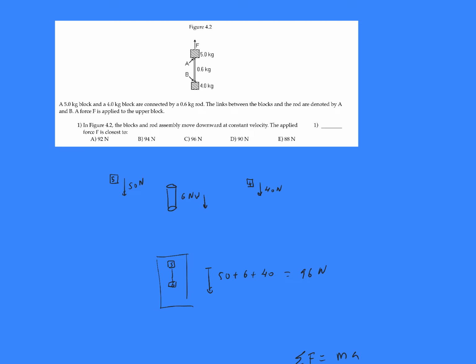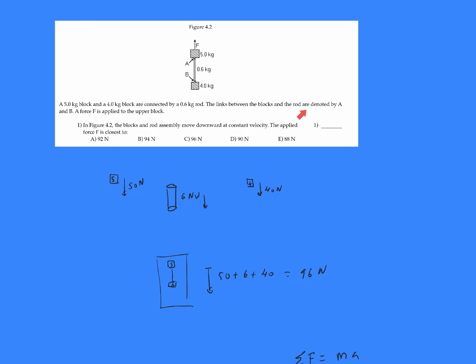You have an object that is made of 3 objects. This one is 5 kilograms. The bar or the rope, you can imagine a solid bar here, of 0.6 kilogram, and the mass below. Both are connected by this rod, the 0.6 kilogram rod.